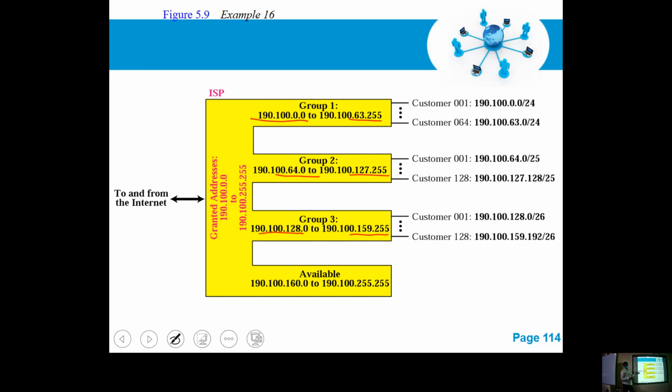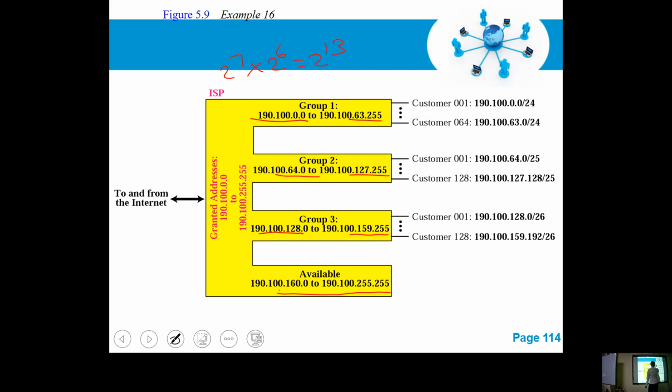Again, this is 128 into 64, and 128 means 2 power 7, 64 means 2 power 6. So 2 power 13, which means up to 31.255. So we are adding, and the remaining addresses will be unused.